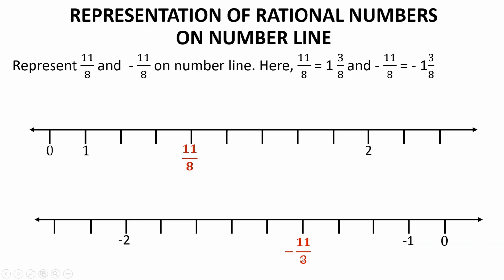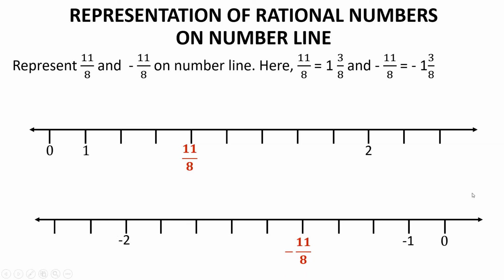So if I want to represent this minus 11 upon 8, because there is 8 in the denominator, again between minus 1 and minus 2, I need 8 equal parts. For that, I need to make 7 marks, that is first, second, third, fourth, fifth, sixth and seventh mark is here. So the 7 marks will divide minus 1 and minus 2 into 8 equal parts.